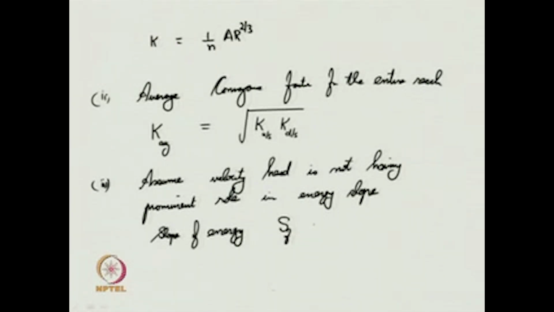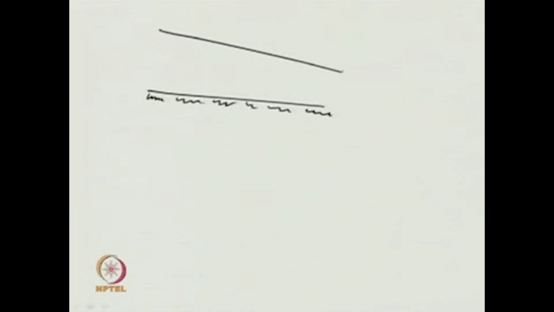This is nothing but equal to del y by L. I will tell you what is meant by del y by L. So, if I just draw the front view of the reach, and if this is the channel, this is the upstream section, this is the downstream section.